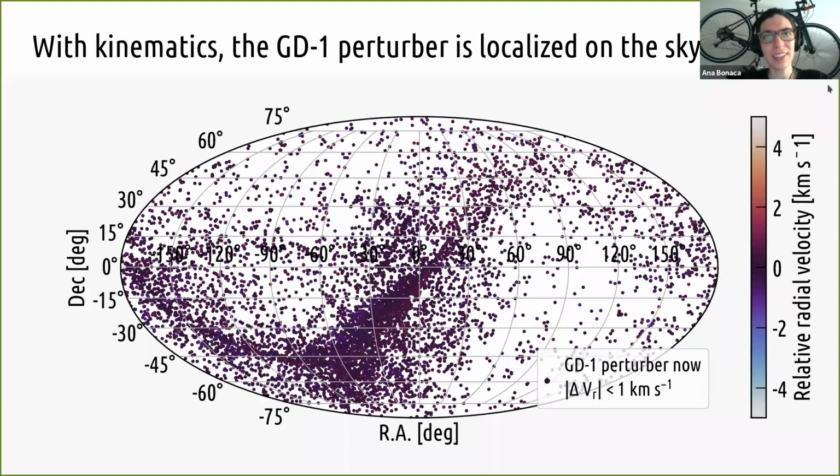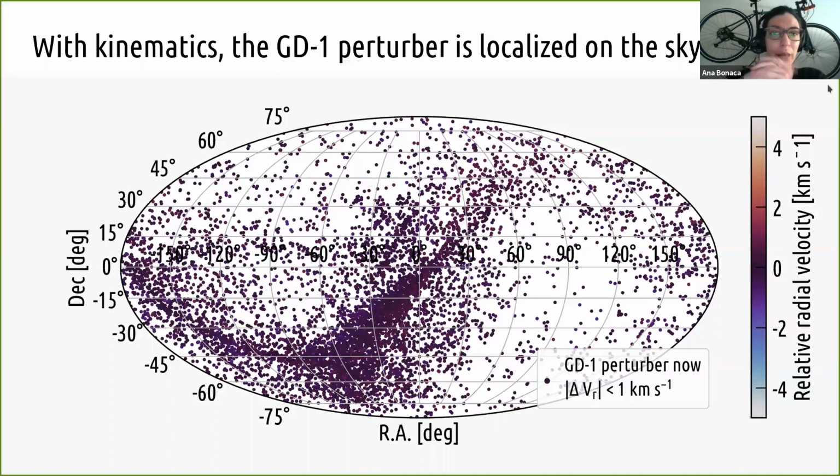Yeah, that's an excellent question, and I don't have a principled answer to it yet. This is a very quick result that we wanted to report on the really small velocity difference, which definitively associates the spur with the stream.